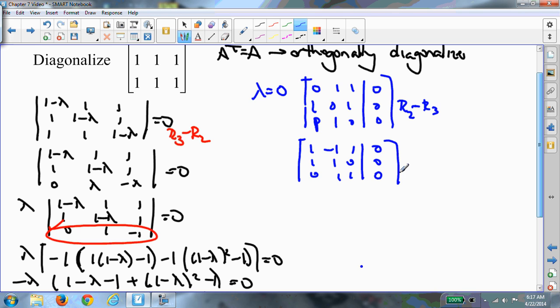Kind of moving things around. So now I'll do row 2 minus row 1. So 1, negative 1, 1, 0, 0, 2, negative 1, 0, 1, 1.